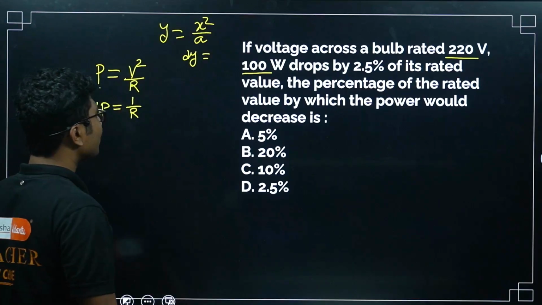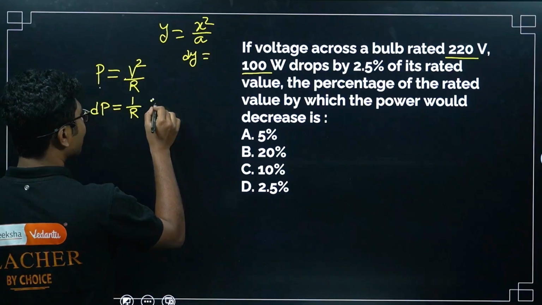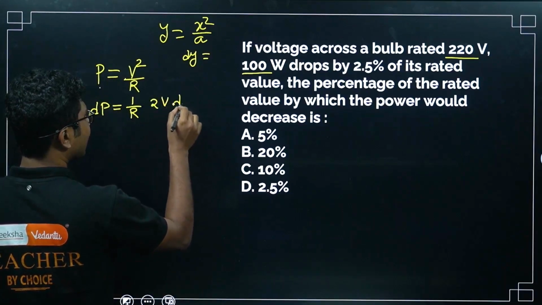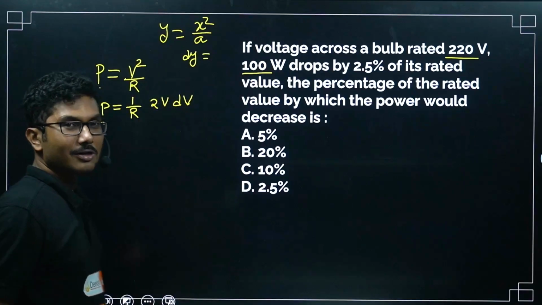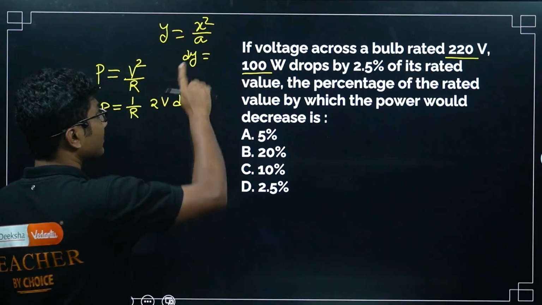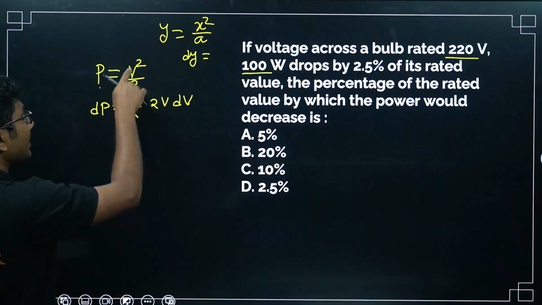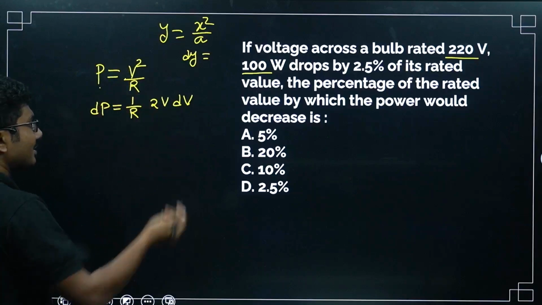Some students still struggle with differentiation, especially in physics, but it is nothing different, only the symbols are different. So what is the differential of x square? 2x dx, right? Similarly, it will be 2v dv for v square. Now 1 by R is constant.